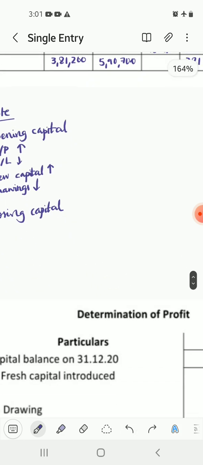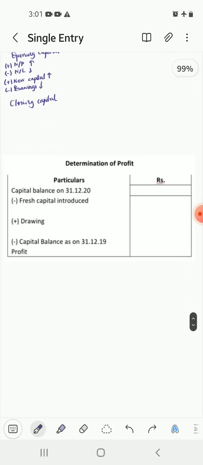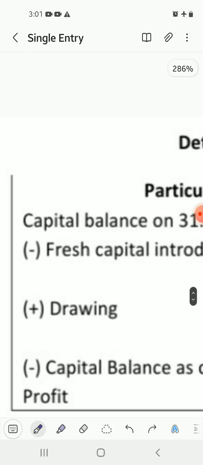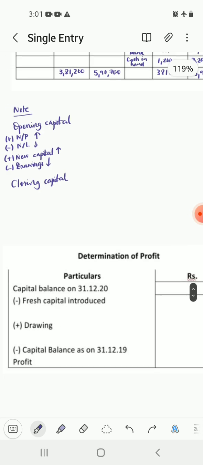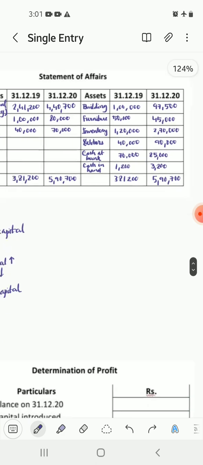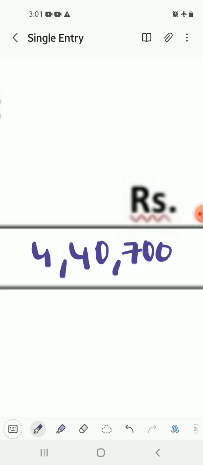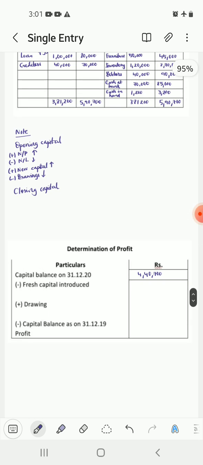Now we have to determine the profit. This is basically the general pro forma. We are going to start with the capital balance on 31/12/20, which is also called the closing capital. The closing capital figure is 4,40,700. Let's write it over here. Then we have to check if there is any fresh capital introduced, which is deducted.